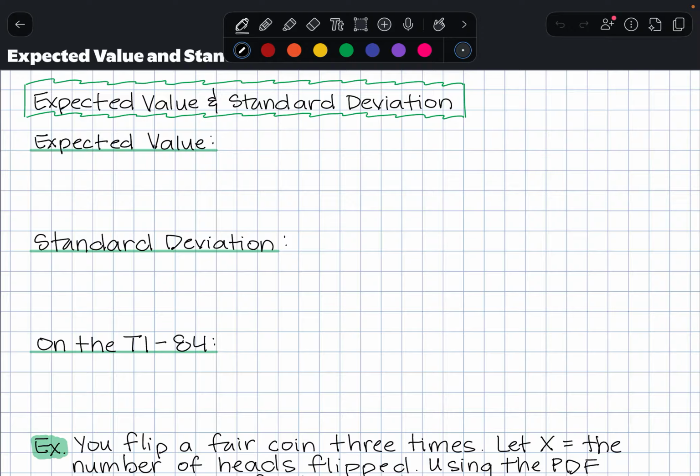And expected value, which is also known as the mean, when we're talking about probability distributions, specifically this is the long-term average over many trials.